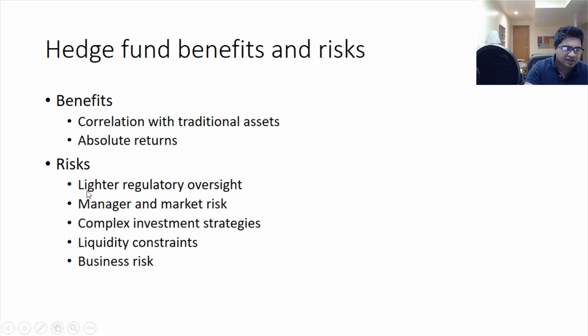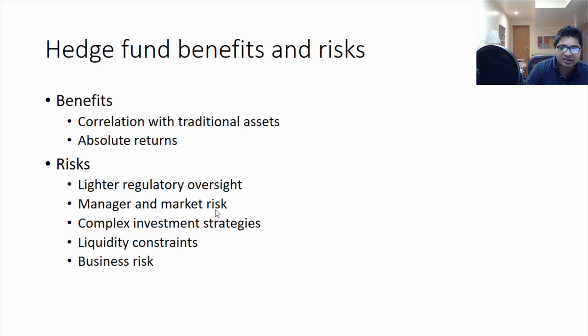Risk: lighter regulatory oversight. There is manager and market risk. So hedge fund investments are heavily dependent on managers. So if the manager quits, then it becomes very difficult to replace him and the performance may fall.